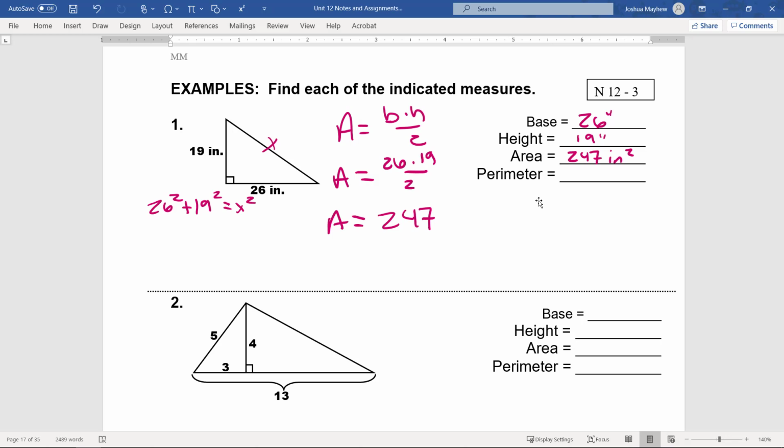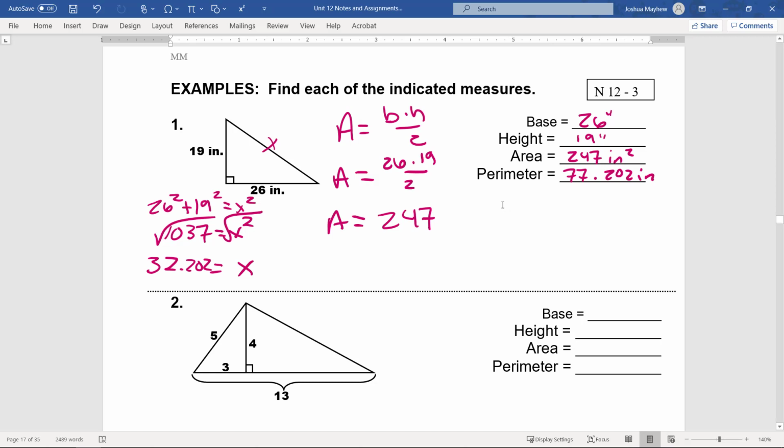And then 26 squared plus 19 squared gives us 1,037. Take the square root, and you get approximately 32.202. Add that to 19 and 26, and we get a perimeter of 77.202 inches, not square inches, just regular inches.